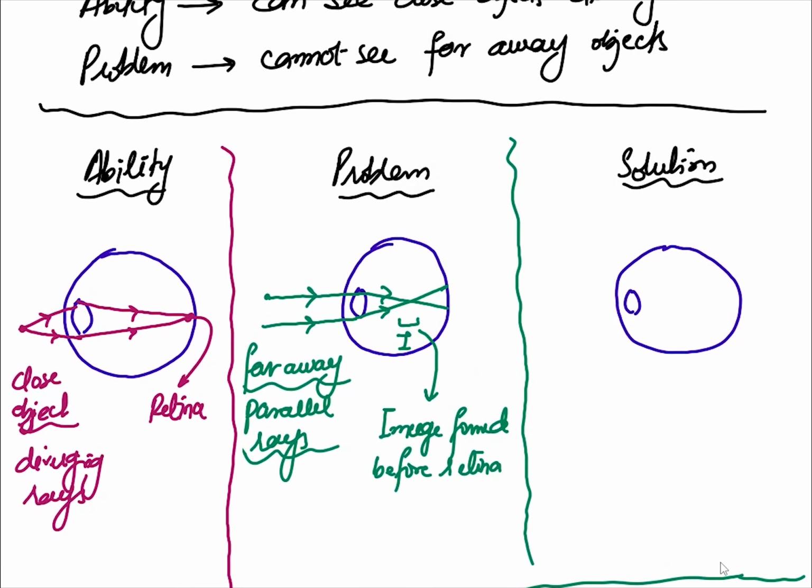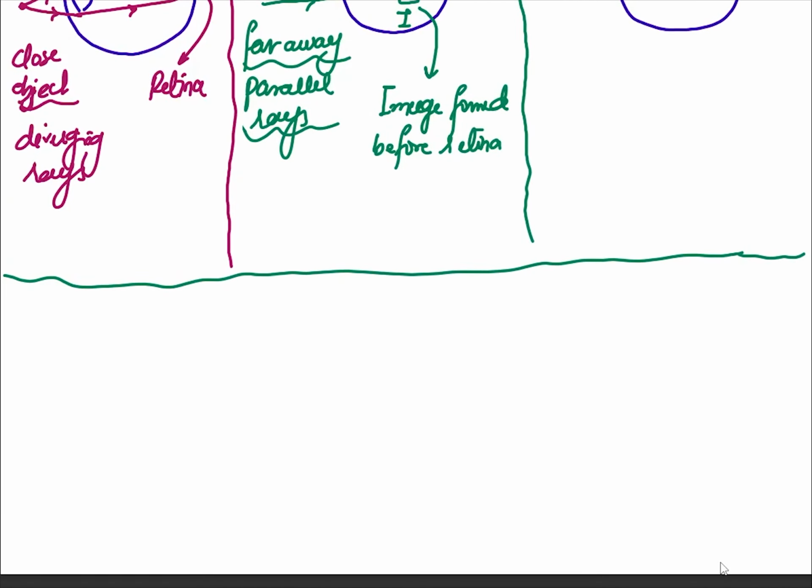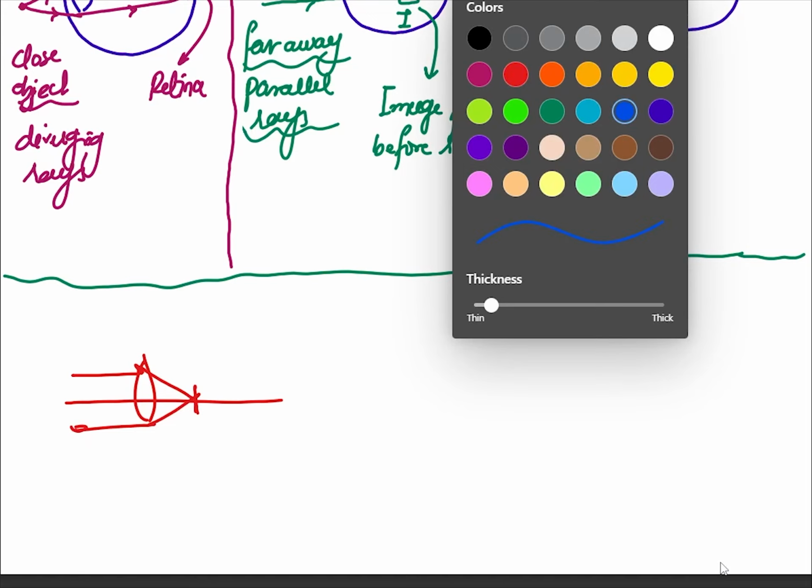Now let's look at the solution to the problem. The way I see it over here, we can identify that it is the lens of this person in the eyes is trying to focus the image a bit too much. It has caused too much convergence. Let's look at over here. You see, one lens is trying to focus the light rays like this one, right? But there is another lens that tries to do something different than that.